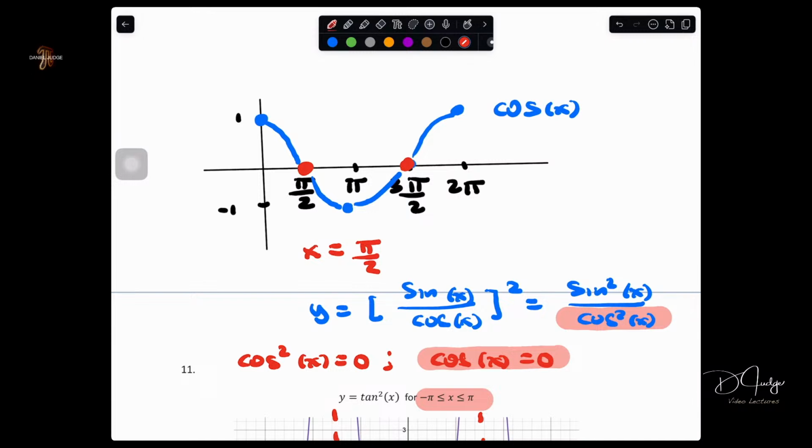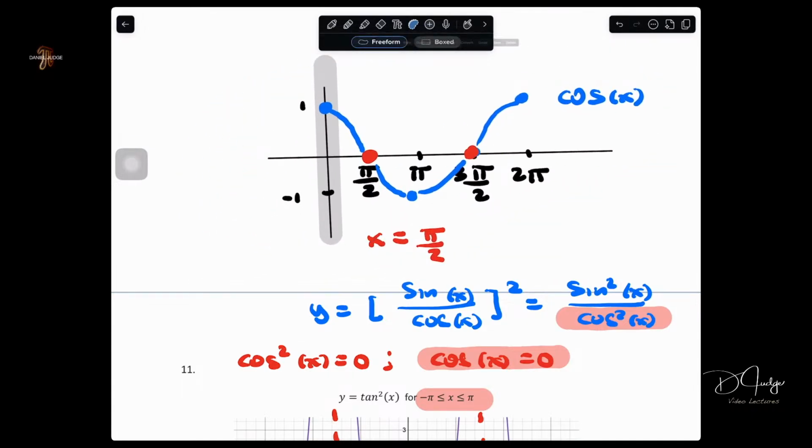But remember, cosine is symmetric about the y-axis. And if I now consider the portion of the curve to the left of that y-axis, negative pi over 2 goes over here.